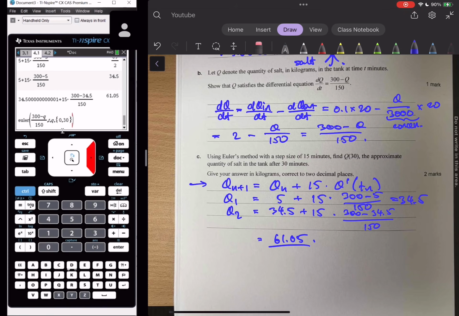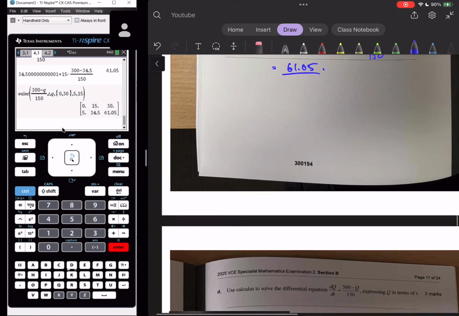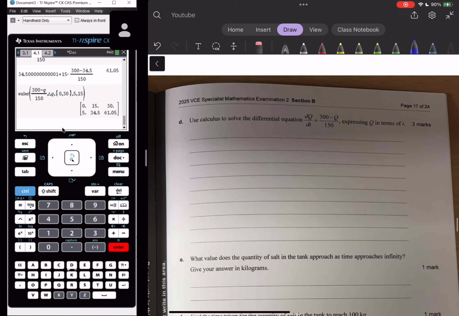We want the initial value for the dependent variable, which is exactly 5. And then we have the step size, which is 15. So let's check back: 61.05. Perfect.